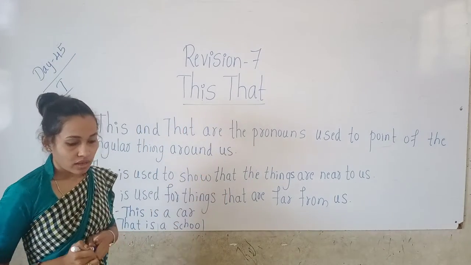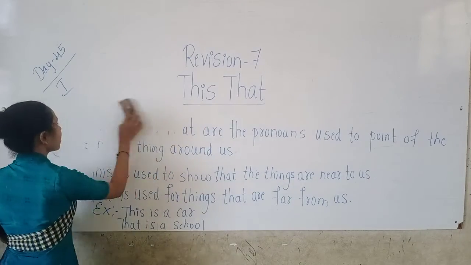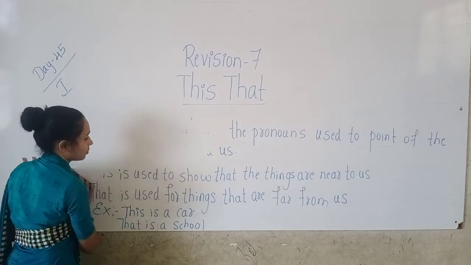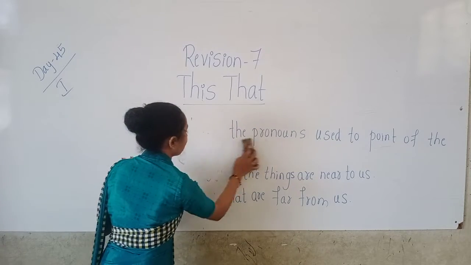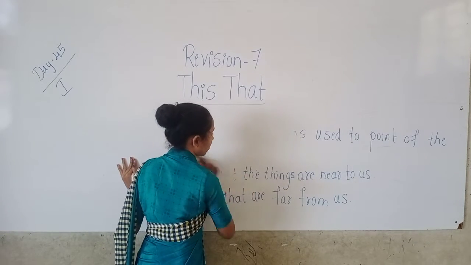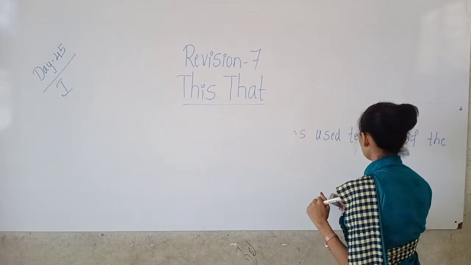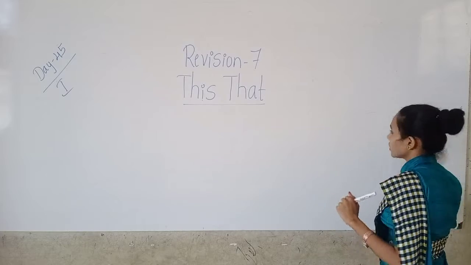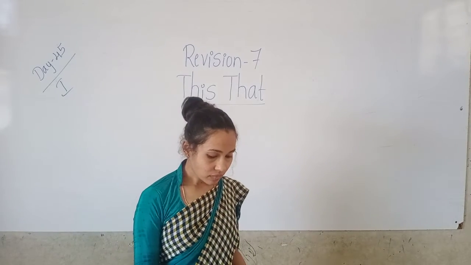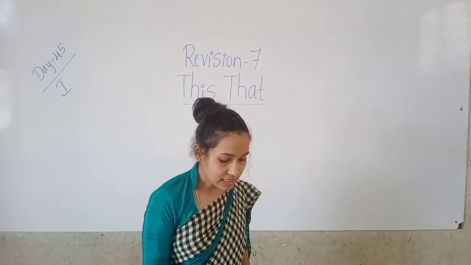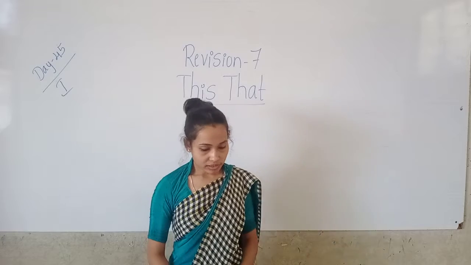Let us solve some exercise part of this and that. So this is used with the things near to us, and that is used with the things which are far from us, children. Let us open page number 54 from your textbook.